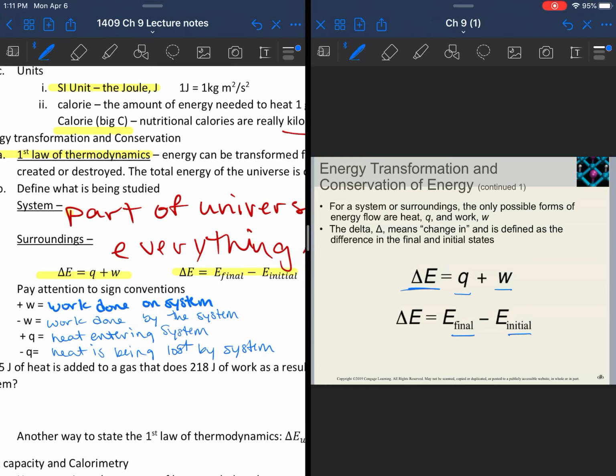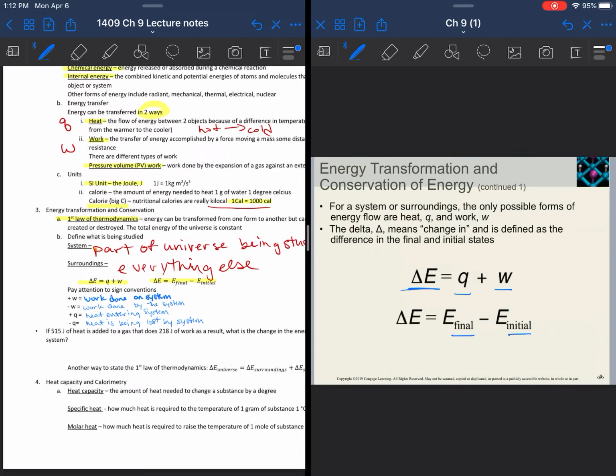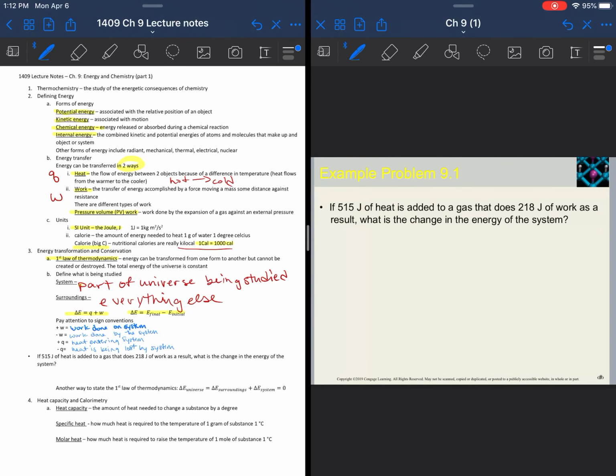A negative Q means heat is being lost by the system. All right. Oftentimes, a plus or a minus is not shown, but it is given through words in a problem. So it is important that you understand how to read the words.